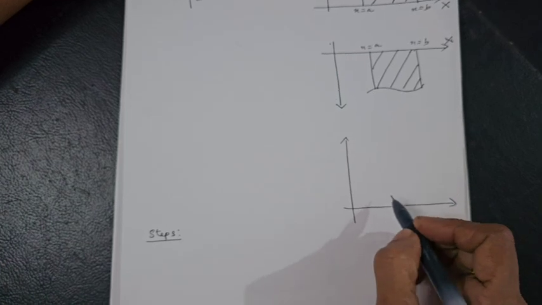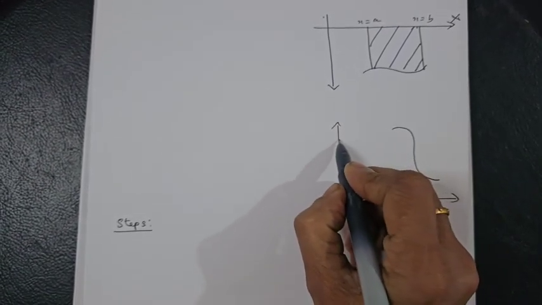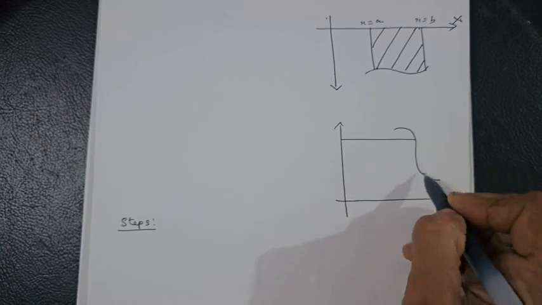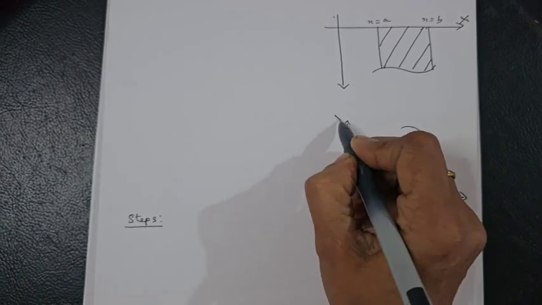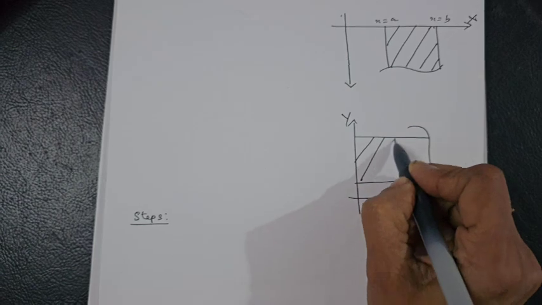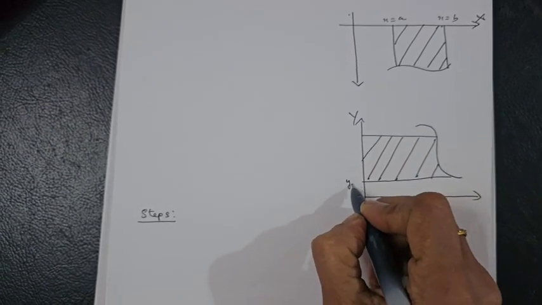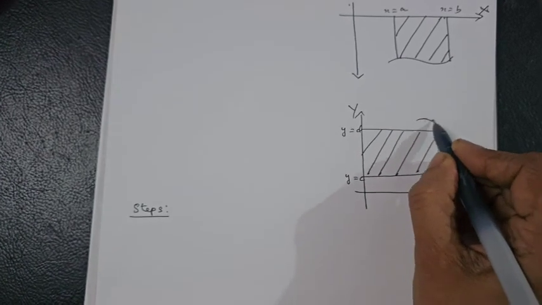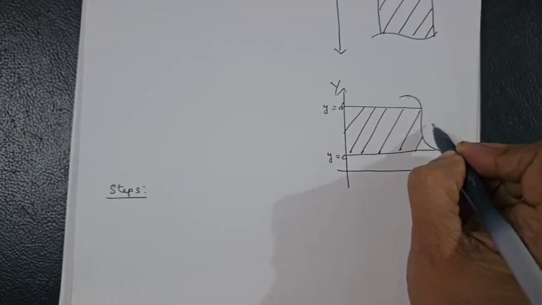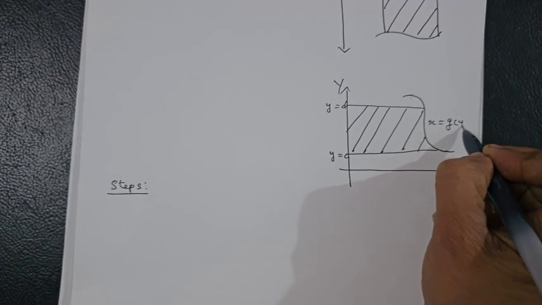Now, if you wanted to find the area between the curve y is equal to f of x and the y-axis, between the lines y is equal to c and y is equal to d, then the given curve y is equal to f of x should be written in the form x is equal to some g of y.